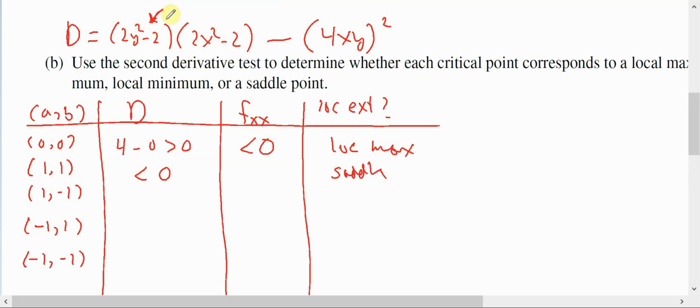So every single time I'm going to get 0 over here, wiping this term out. So it all comes from the second one, and since this will always be squared, it's always going to be negative. They're all going to be negative, which means I get a saddle for each one of these. So I get 1 maximum and then a bunch of saddle points.